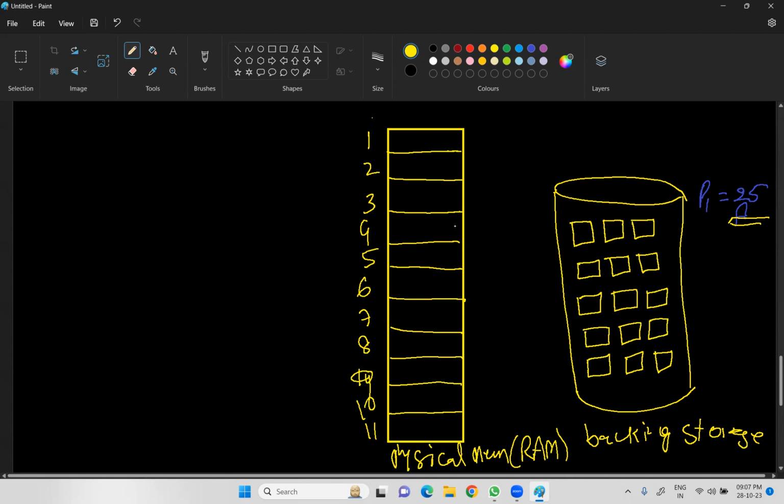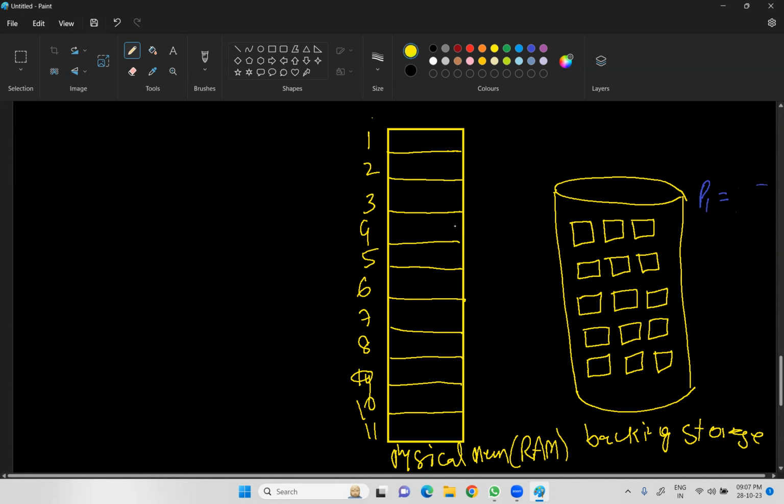For our convenience, instead of 25, let me take it as some 8 frames, for example.